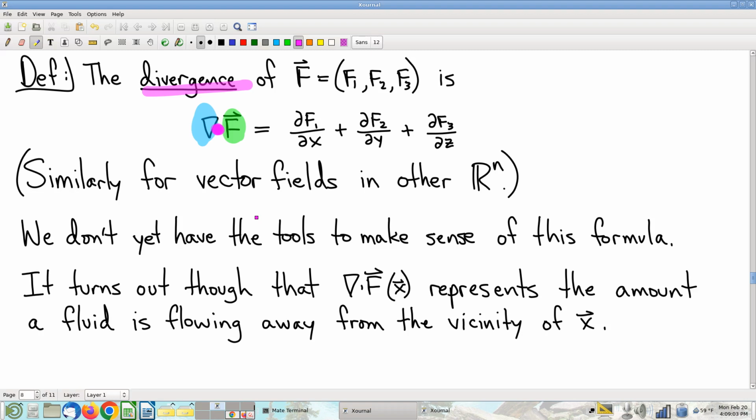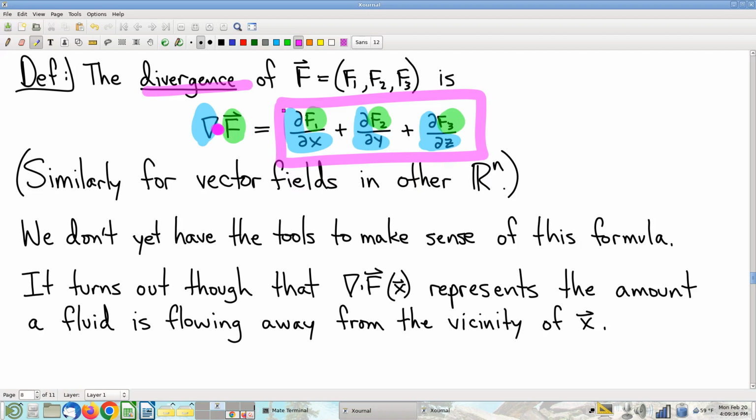So, here you go. Del, one coordinate at a time being applied to F. One coordinate at a time. Wouldn't this be a reasonable interpretation of what we ought to mean by del dot F? Is that cool? I guess it's just a notational convenience.